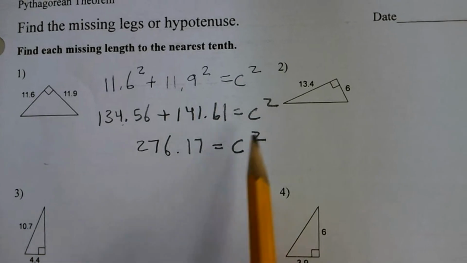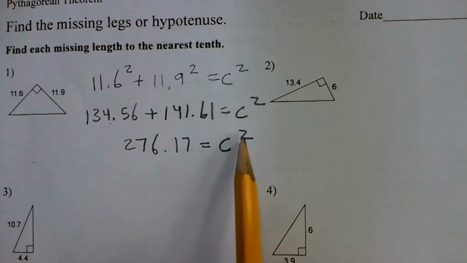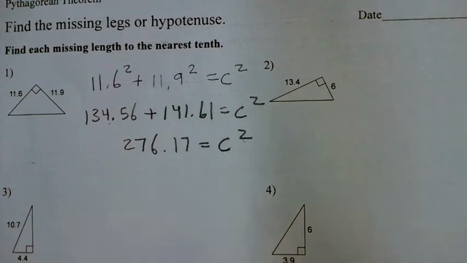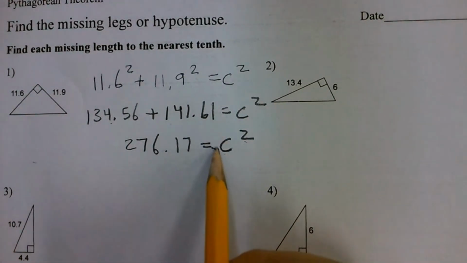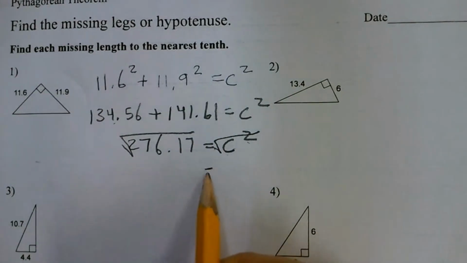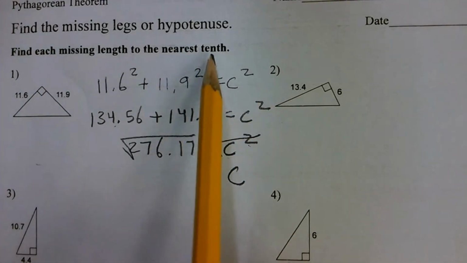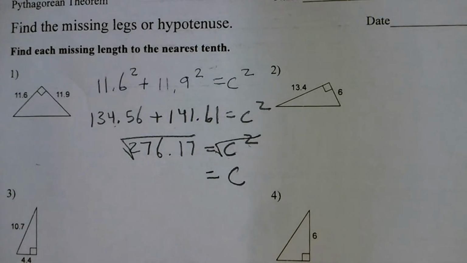Now what I need to do is get c by itself. On the same side as the c I have this squared. So to undo squared, I do the square root of both sides, okay? So I'm going to be left with just c on this side, and then on my calculator the square root of 276.17 equals, and then we're going to round to the nearest tenth because that's what the directions say.